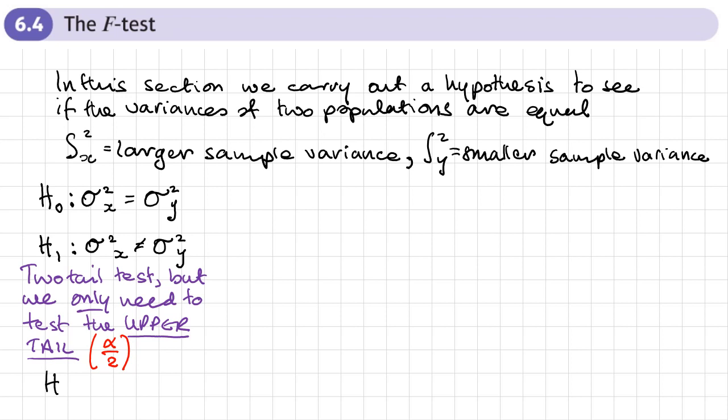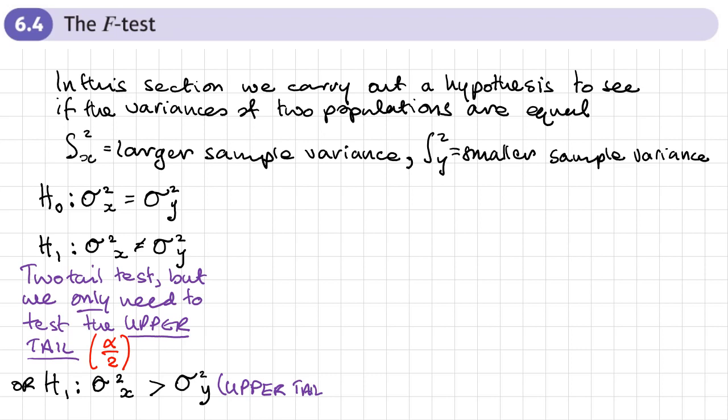The other form of H1 would be that the variance of population X is greater than the variance of population Y. This is a one-tail test, an upper tail test.